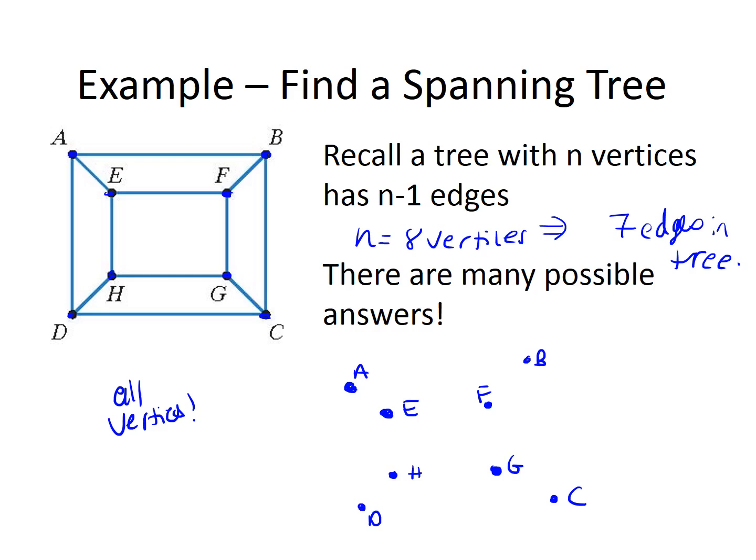Like I'm not going to connect from B to D because in my graph up here there's not an edge from B to D. So we want to connect this with the edges that already exist and create no circuits. So we can do something like this.